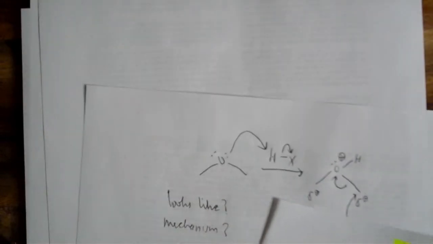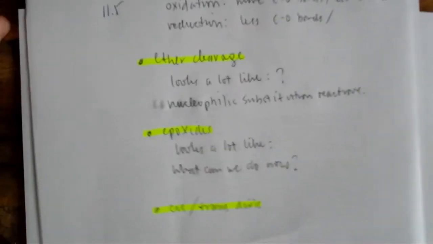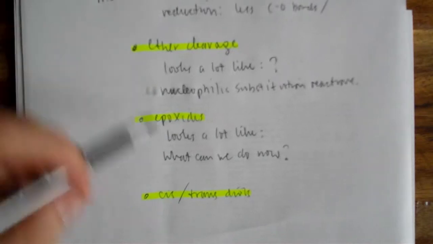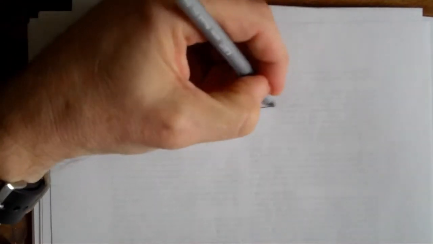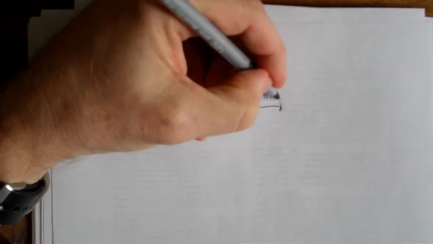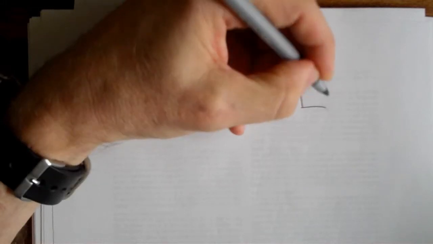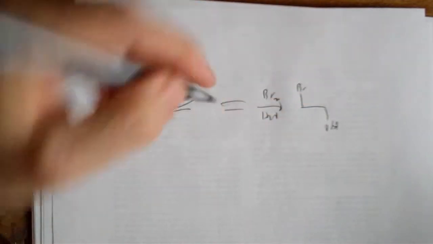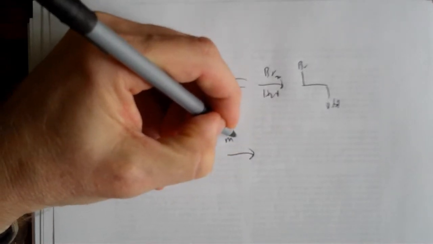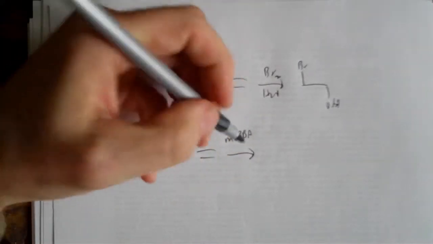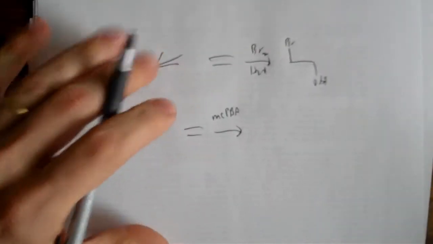This is an alternate way to make halohydrins, and I'm going to ask you a question here with epoxides. What can we do now? How is this different than what we did before? So before we took this, and we treated it with bromine and water, and we got a halohydrin. Okay, and here we're doing this, and we're treating with MCPBA as an example of a peracid, maybe something you want to look up.